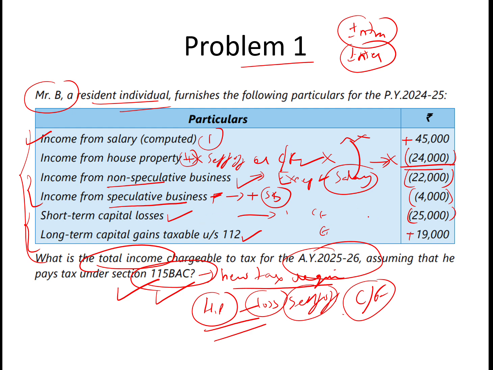So the 25,000 loss and the 19,000 gain can be set off, and we will have around 6,000 as short-term capital loss, which will be carried forward for the next 8 years, as per the set off rules.